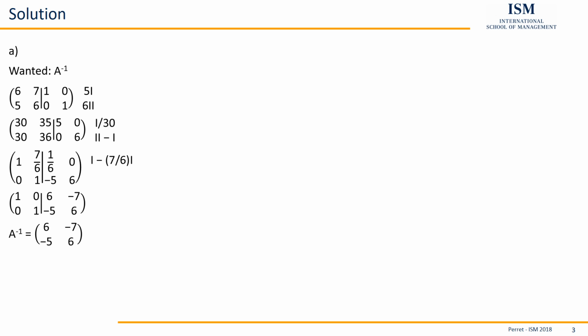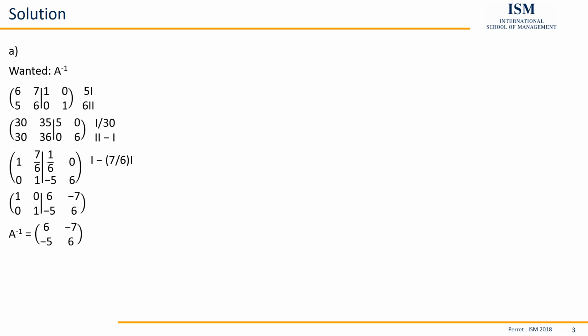So the idea always is start with the unit matrix on the right, transform the matrix so that on the left you have the unit matrix, whatever is left on the right, that's your inverse matrix. And the steps you can take are the different steps of the Gauss algorithm. So this then concludes the first of the four different exercises.